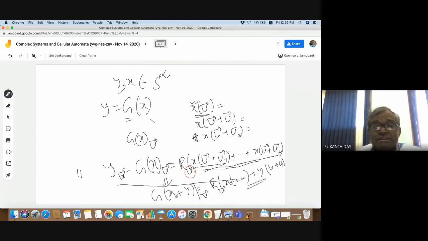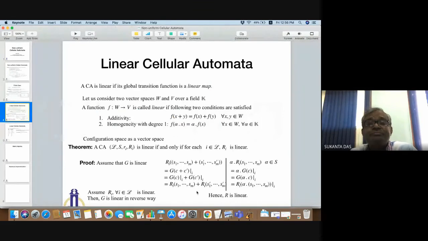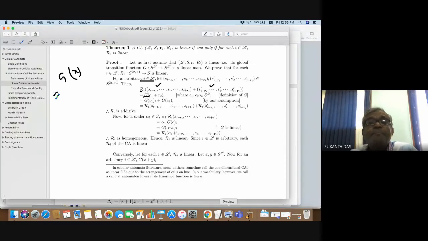So if I write x plus y, then within r I'll have two arguments, two neighborhood configurations, which are applied precisely to this cell v. This is written in this proof.